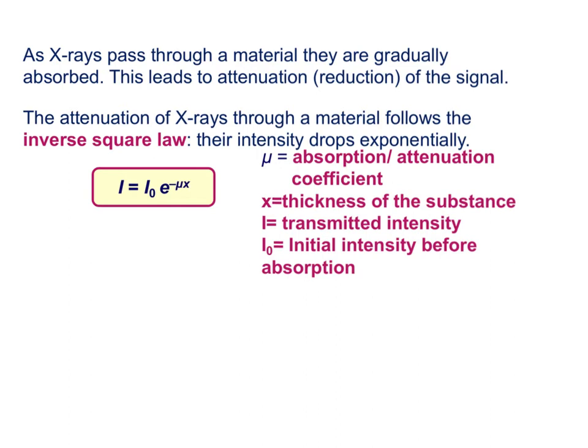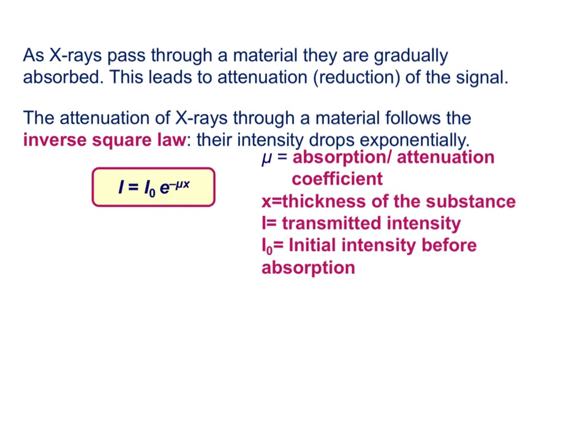Now, the transmitted intensity of X-rays depends on the energy of the photons and on the thickness and type of substance. So what we'll be looking at now is the equation for any given substance. If we know the energy of the photons, we can see that the intensity falls exponentially with the thickness of the substance. So I will go through this equation.